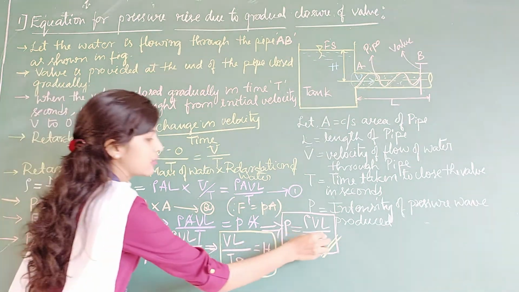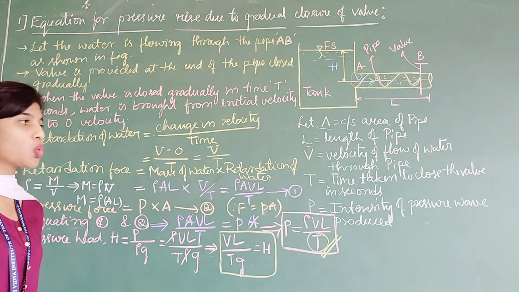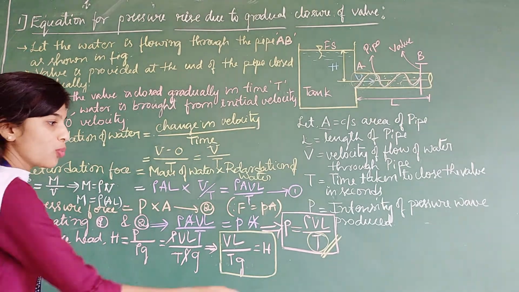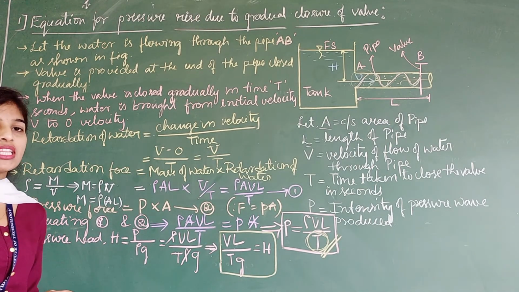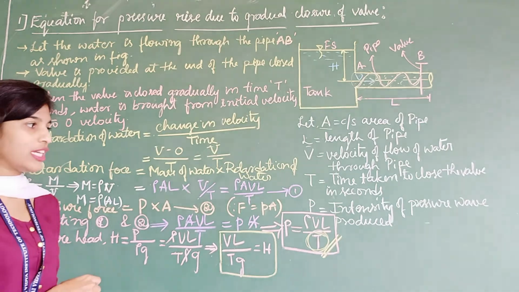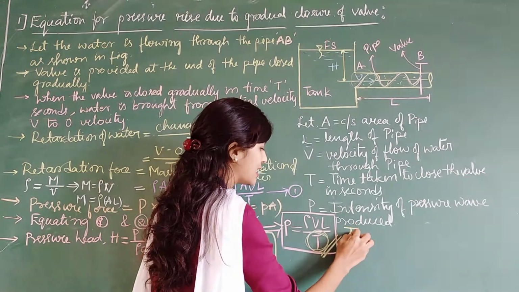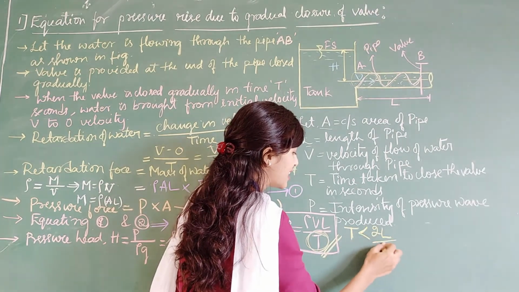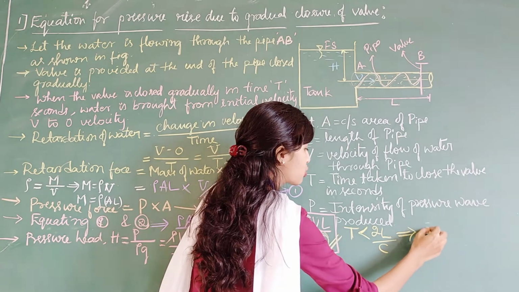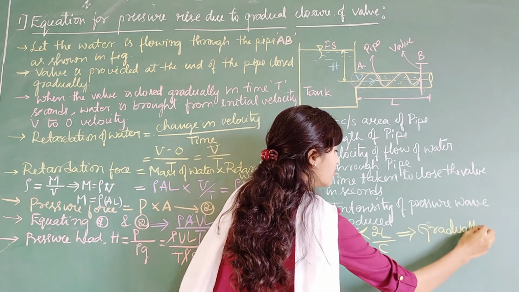Here, whatever this T is, that is the time required to close the valve in seconds. Based on this T value, we can classify whether the valve has been closed gradually or suddenly. If T is less than 2L by C, then the valve is said to be gradually closed.